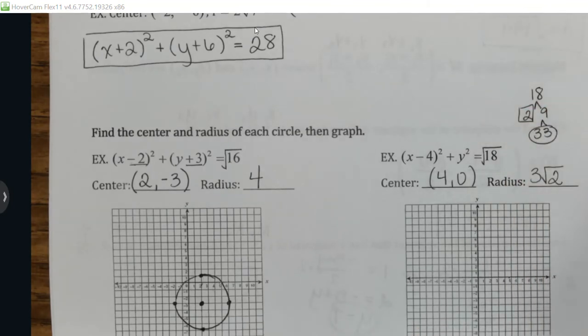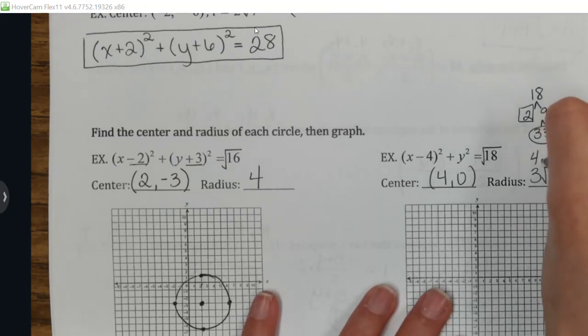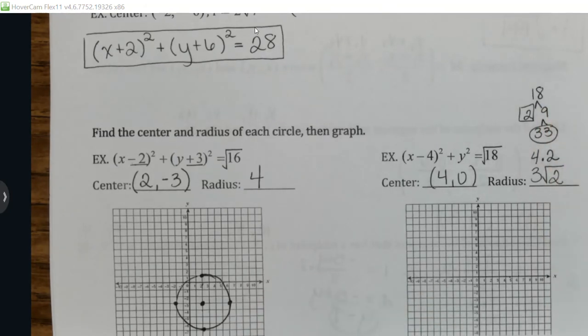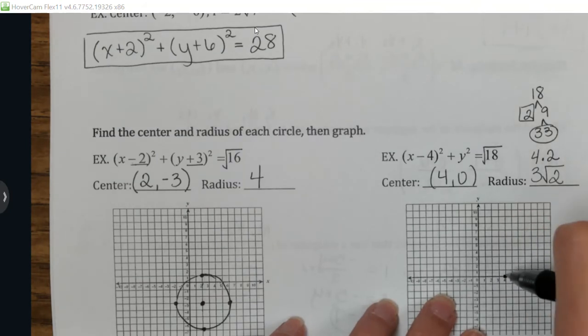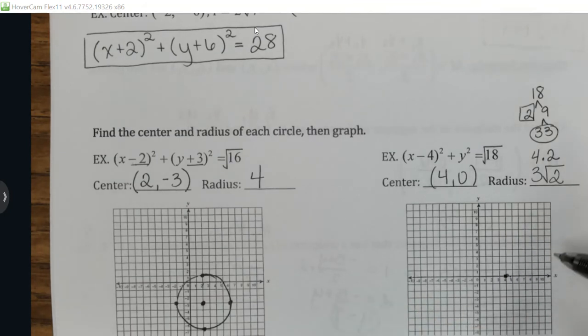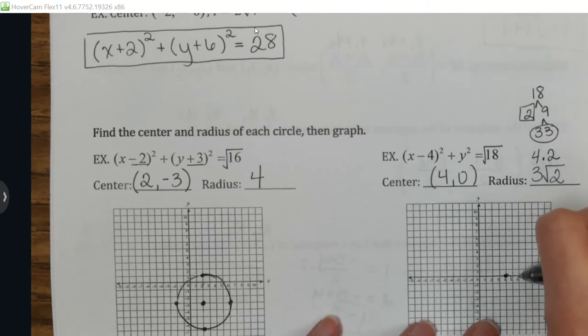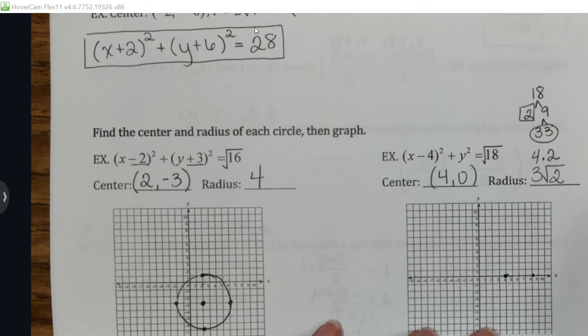As a decimal, 3 square root of 2 is, let's say we round it, 4.2. So I'm still going to plot 4, 0, and I'm going to estimate 0.2. So that really means I just go right next to the line.